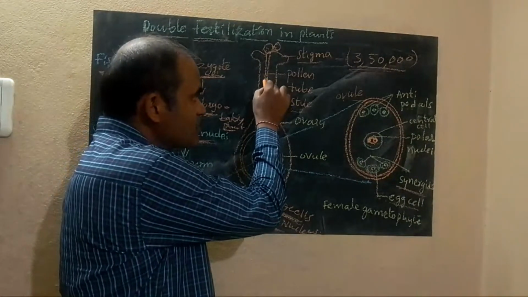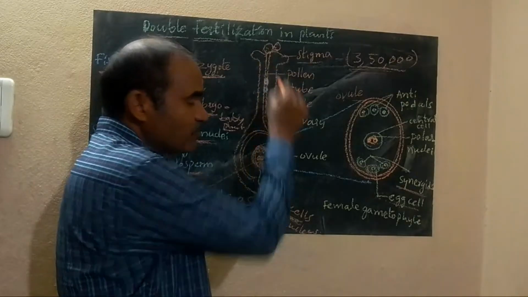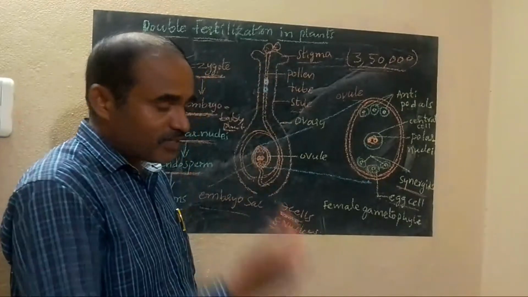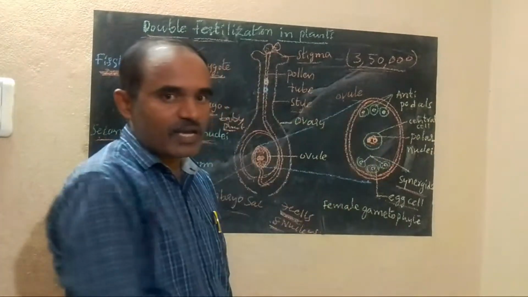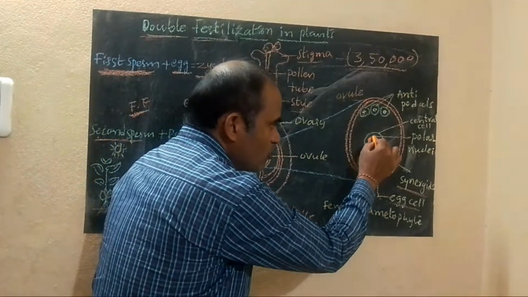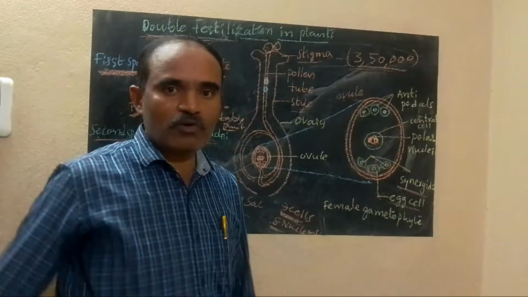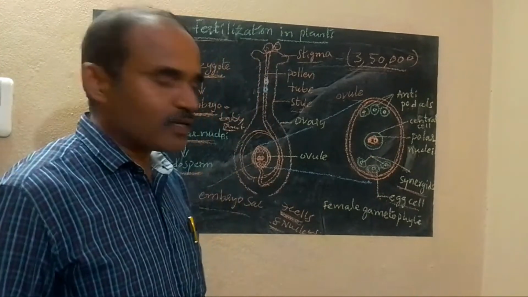Second nucleus. When the first fertilization takes place, inside the embryo sac, the central cell has 2 nuclei, the polar nuclei.